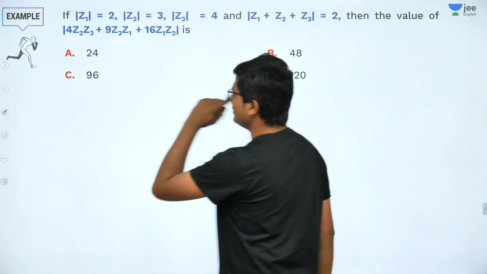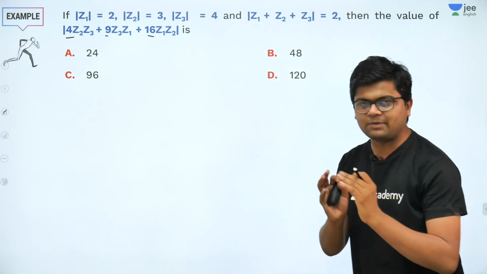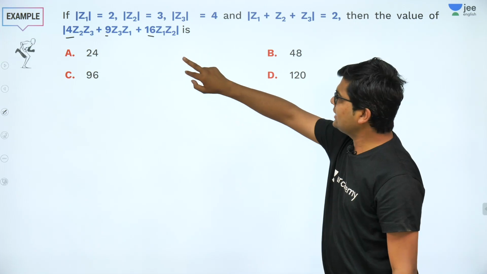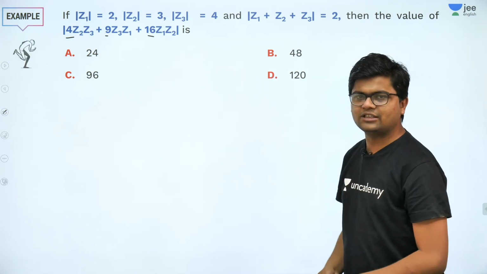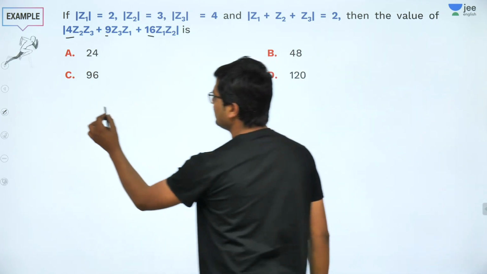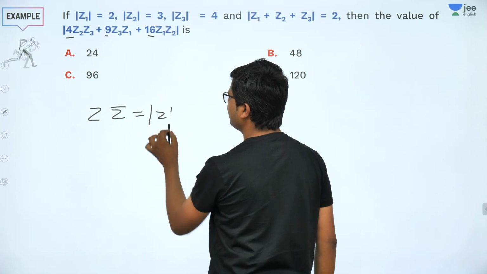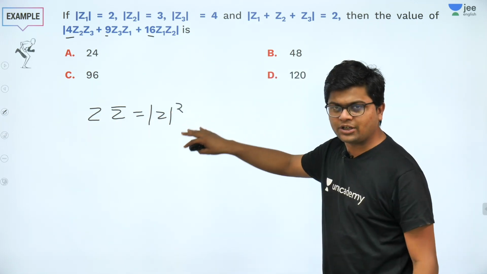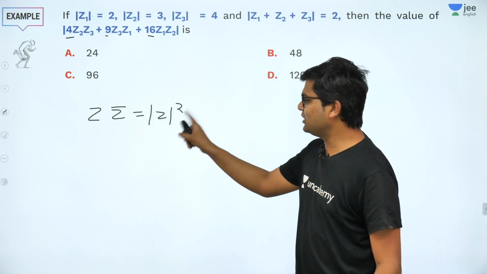Okay, so students, you just focus on these numbers 4, 9 and 16. These are very specific numbers. 4 can be written as mod Z1 square, 9 can be written as mod Z2 square, and 16 can be written as mod Z3 square. Now I am using the property Z Z bar equal to mod Z square. This is a very fundamental property of complex numbers, but it is very important. A lot of questions can be solved very easily with the use of this property.